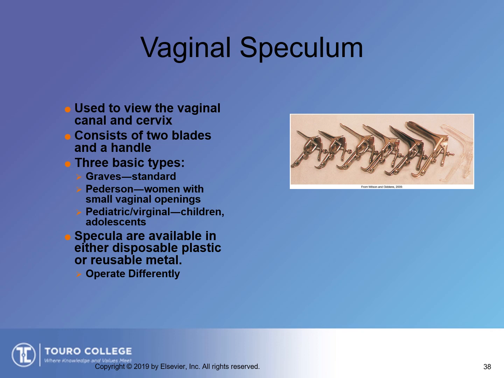The one time you might want to use a regular speculum is if you have a morbidly obese patient, because it helps to hold the walls of the vagina in place.